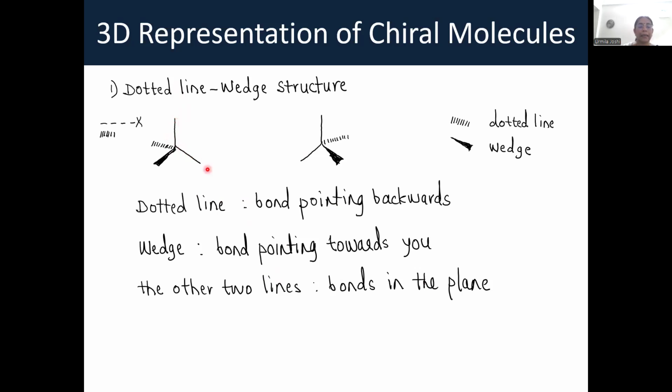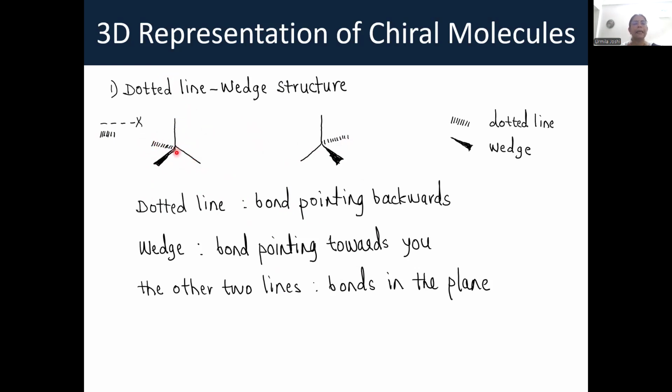The other two lines indicate the bonds which lie in the plane of your paper or on my screen or the blackboard. Whereas the wedge or the thick line indicates the bond that is coming towards you. And the dotted line indicates the bond that is going away from you. I hope this part is clear. These two lines indicate the bonds which are in the plane of your paper notebook or in the plane of my screen.